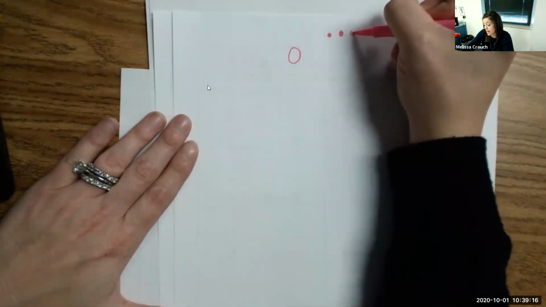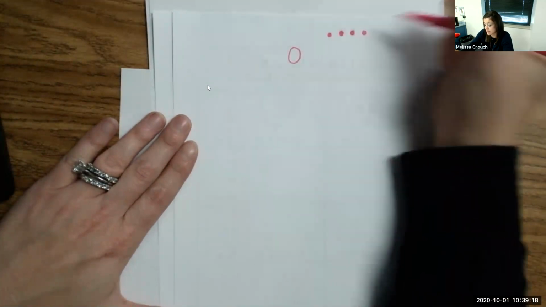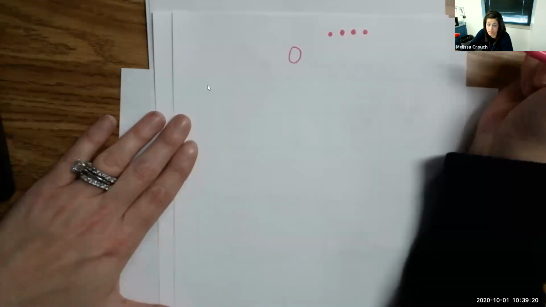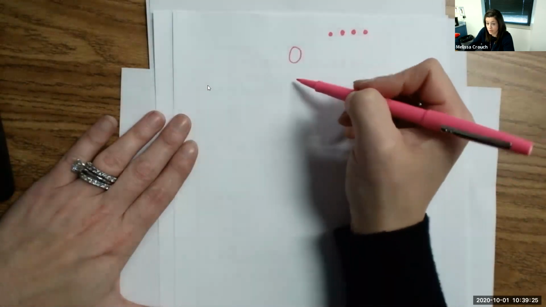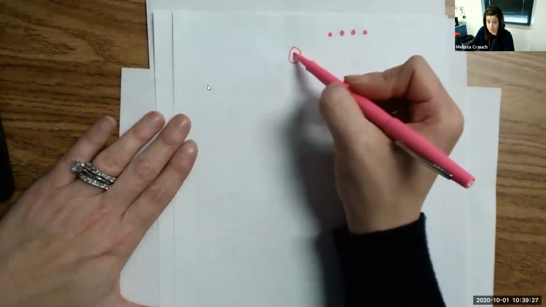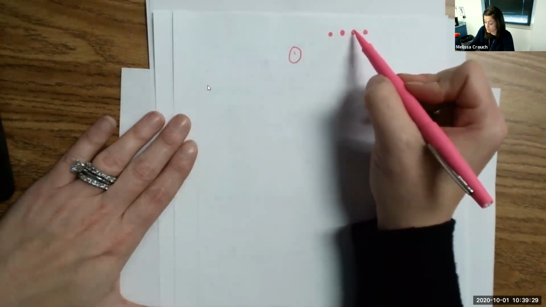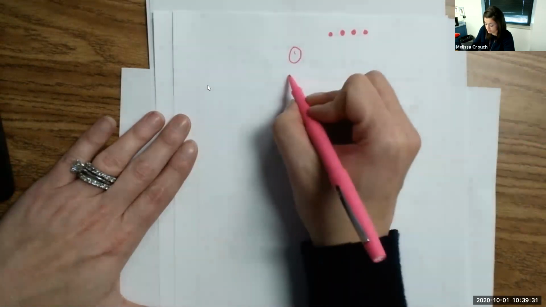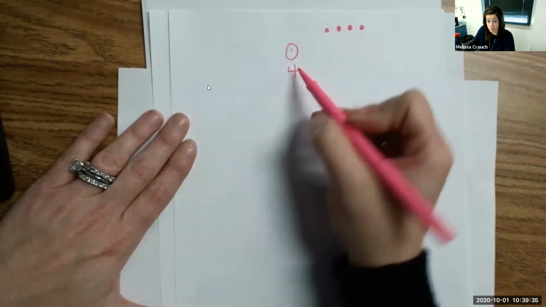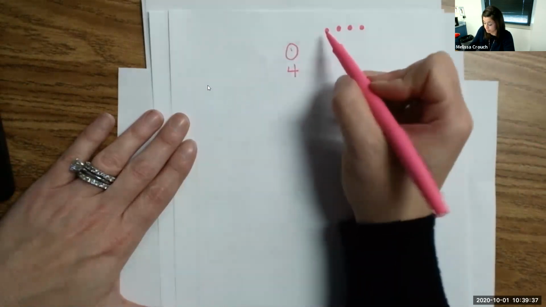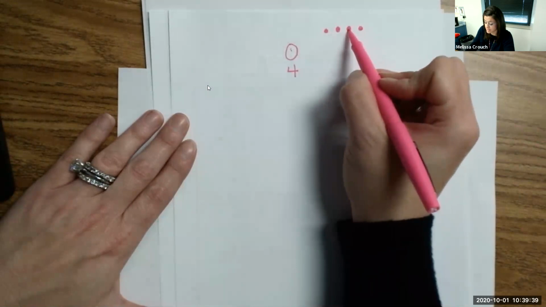These are to help you count, okay? It's just there to help you count. So you go 0, well then you have 4, okay? Because 0, 1, 2, 3, 4.